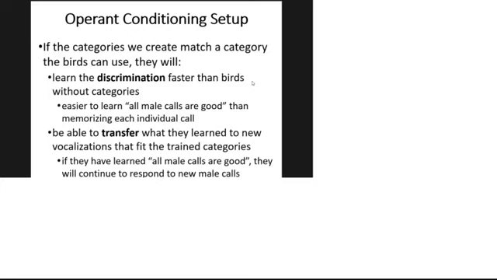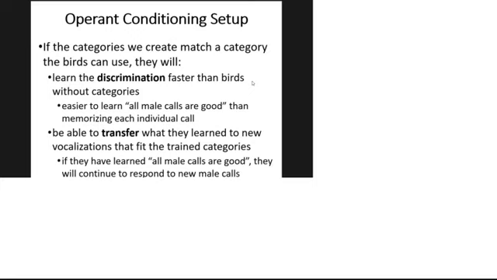So that's our second thing, where not only did we check if they transferred what they learned to new calls they'd never heard before, we also checked to see if our control group that had to memorize took longer to learn it than the category group did. Because theoretically, if you give them enough vocalizations, it should take them a lot more time and effort to memorize them all.